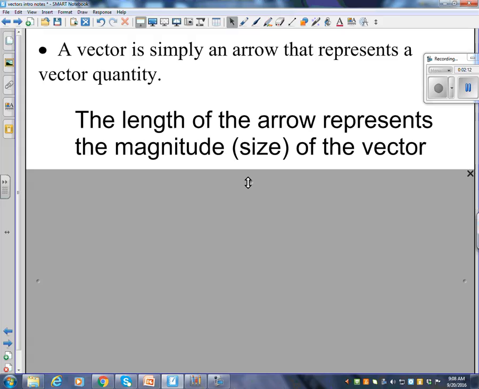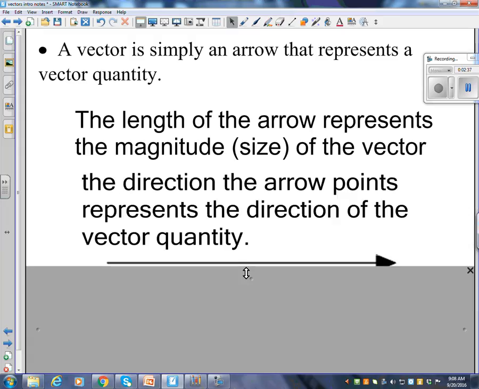The length of the arrow represents the magnitude, or the size, of the vector. So how long it is is important, which is why you need your ruler.